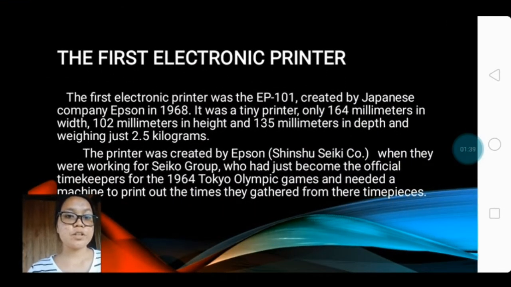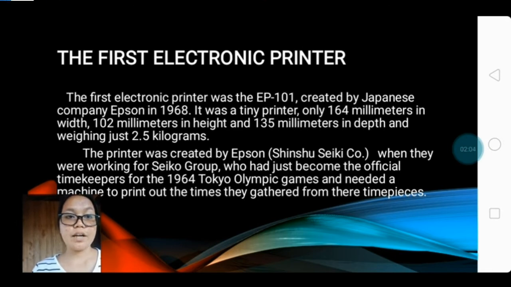The first electronic printer was the EPE-101, created by a Japanese company, Epson, in 1968. It was a tiny printer, only 164 millimeters in width, 102 millimeters in height, and 135 millimeters in depth, and weighing just 2.5 kilograms.